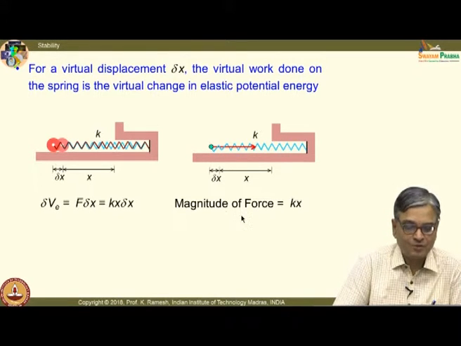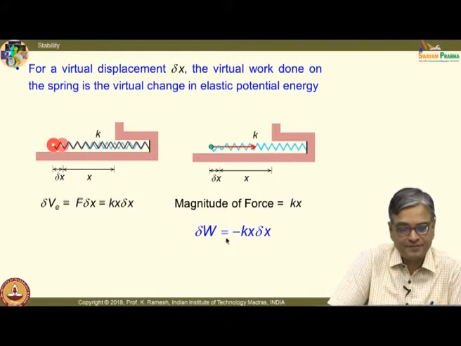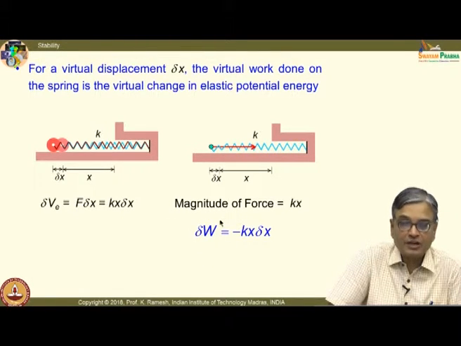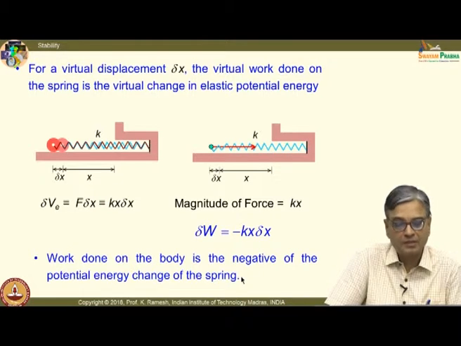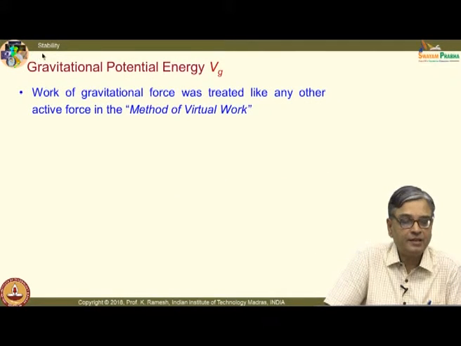It has to be negative. So, you have to understand the subtle difference. When I say the change in elastic potential energy is kx delta x, the virtual work done delta W equals minus kx delta x. This is what is written down at this point. So, work done on the body is the negative of the potential energy change of the spring. We have looked at it for a spring. We will also investigate what happens to the body force due to gravitation.